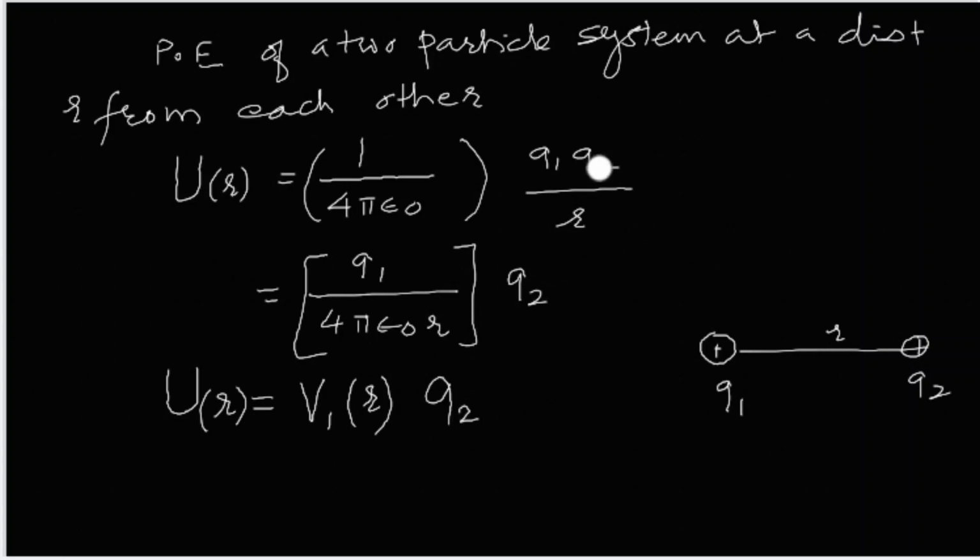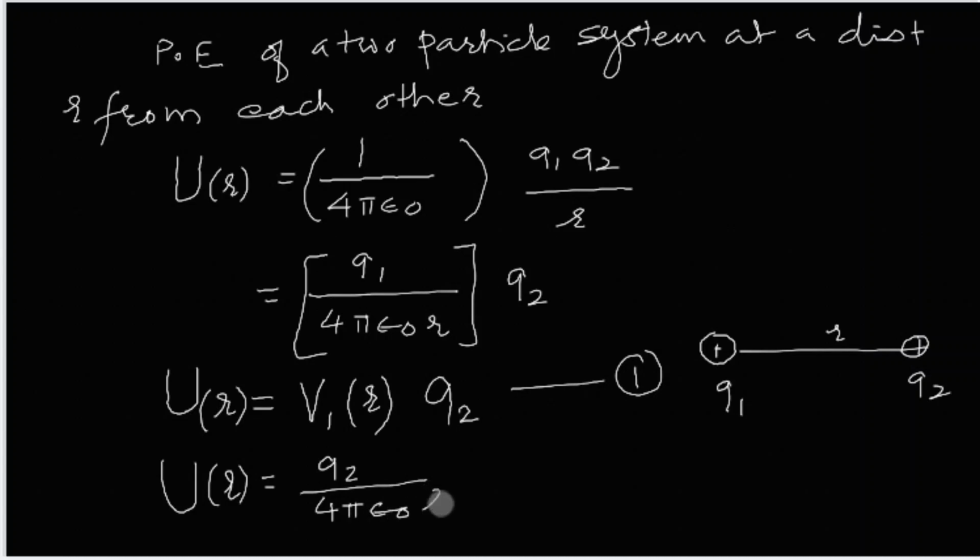Now let us consider Q2 inside. How will the potential energy change? Let us consider the previous equation as equation 1. In the same equation, taking Q2 upon 4 pi epsilon 0 R together, the remaining thing will be only Q1.